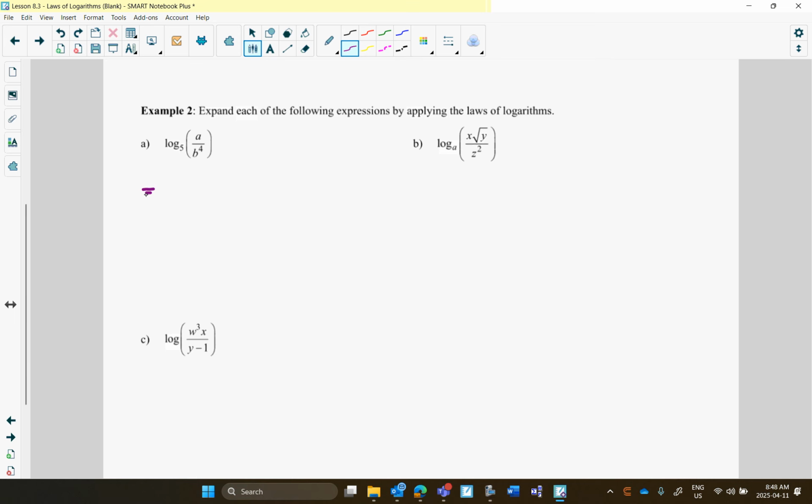When I take the log of 2 expressions being divided, that's the same as taking the log of each one and subtracting. So log base 5 of A minus log base 5 of B to the 4. But now I have to deal with that 4 exponent.